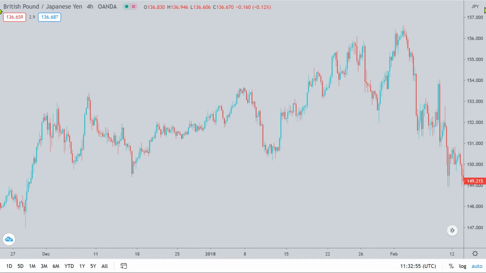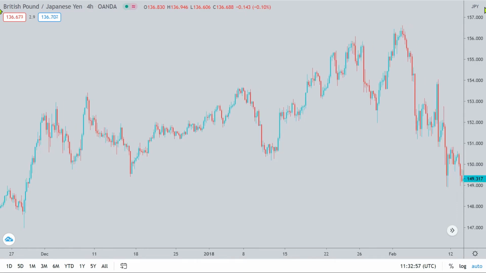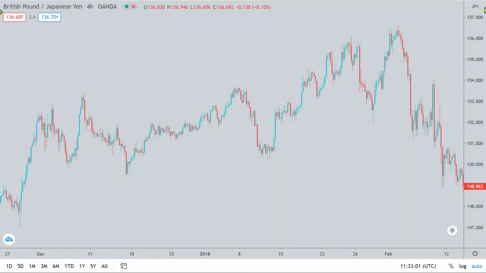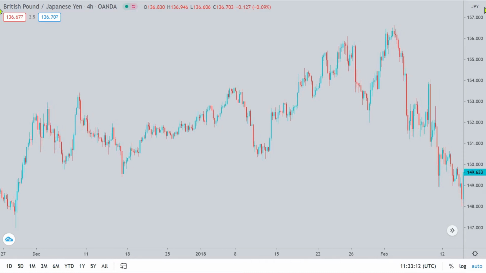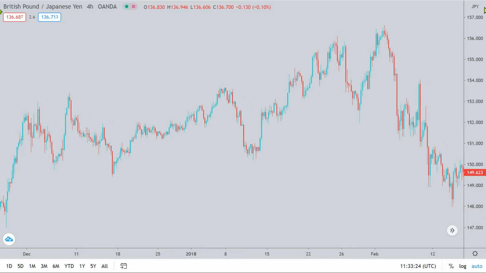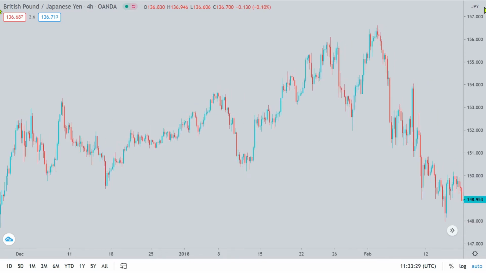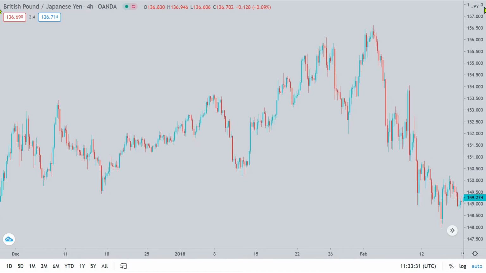The third one, the distance between the head and shoulder should be as close to equidistant as possible. The last one, delineate the neckline at the low point between both shoulders, preferably horizontal. So you should consider some steps before trading these patterns.